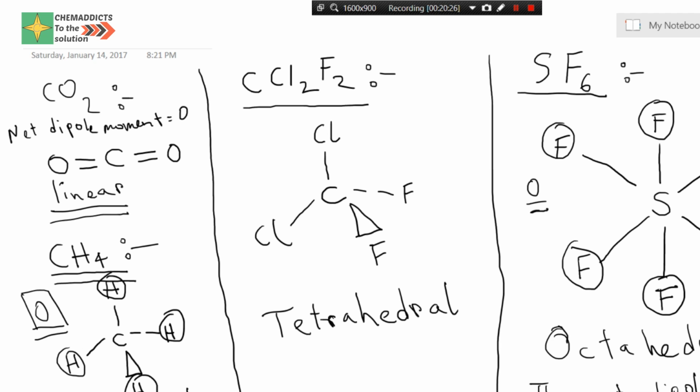Now let's finally look at the structure of this molecule. In this case, the shape of the molecule is the same, tetrahedral. The only difference is that here carbon is attached to different atoms: two chlorines and two fluorines. So this makes the net dipole moment not 0. The net dipole moment is not 0, it's something else.